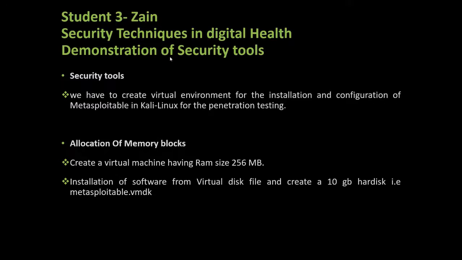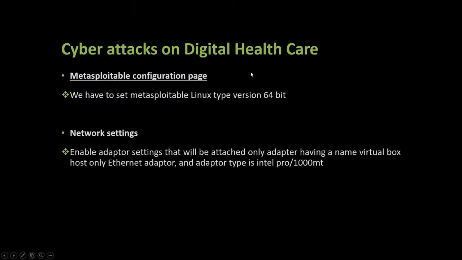For the allocation of blocks, we create a virtual machine with a RAM size of 256 MB. Installation of software from a virtual disk file and create a 10 GB hard disk, metasploitable.vmdk. Then on the Metasploitable configuration page, we set the Metasploitable Linux type, version 64 bits.